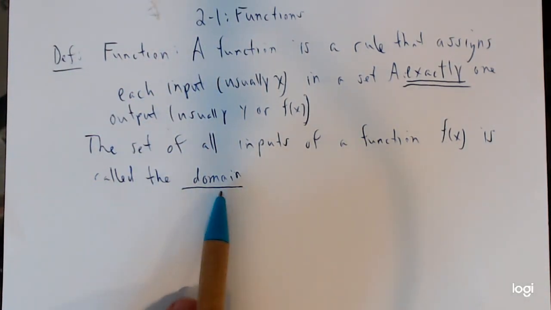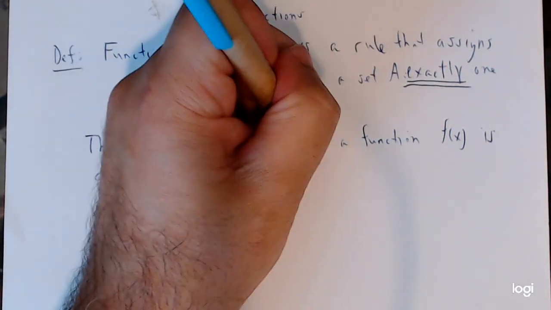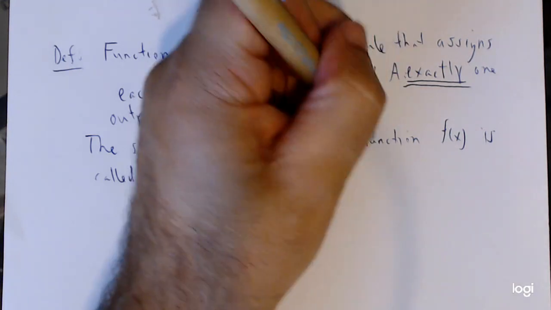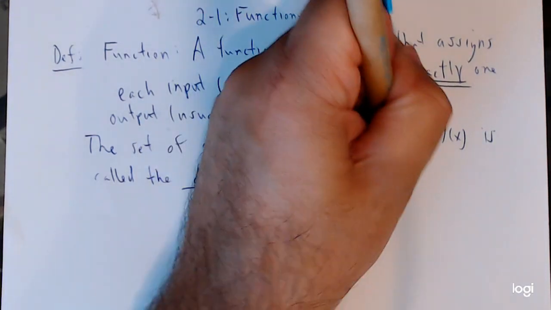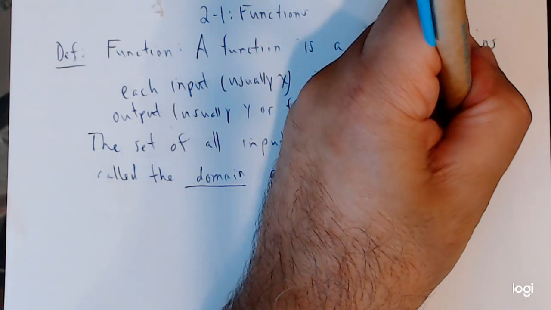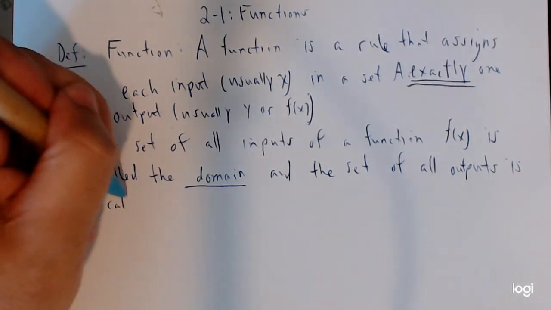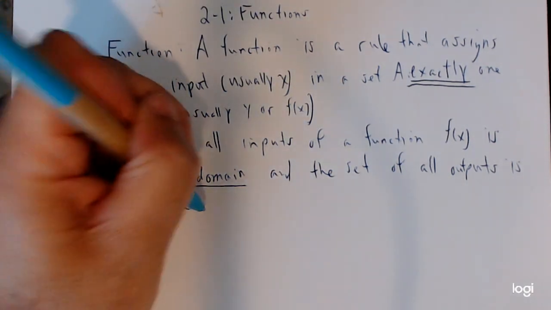So all the inputs represent the domain. And of course, what are the outputs going to be? I'm sure we all know that as well. And the set of all outputs is called the range.